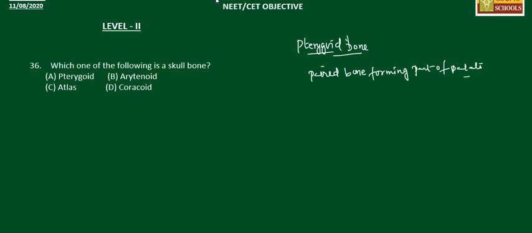Coming to the arytenoid, this arytenoid cartilage is part of the larynx. Then the coracoid is a process of the scapula, and this scapula is part of the pectoral girdle.